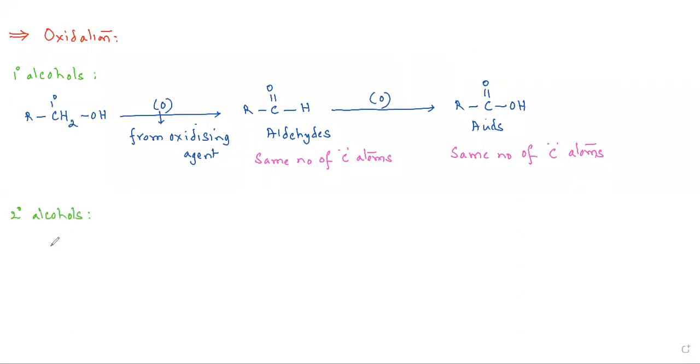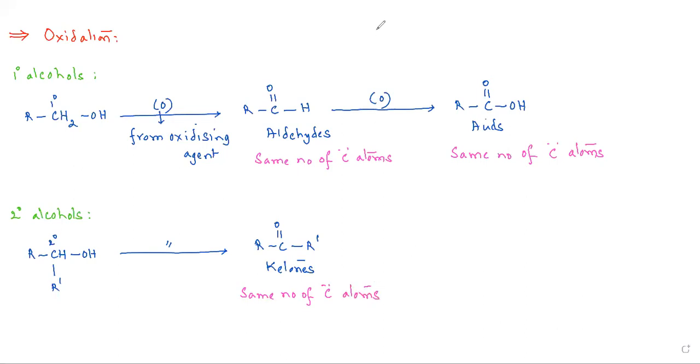Coming to 2-degree alcohol. Two-degree alcohols on oxidation give ketones, again with the same number of carbon atoms. On further oxidation, we get acid.